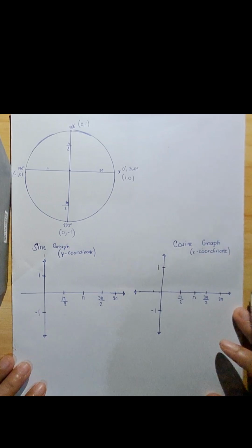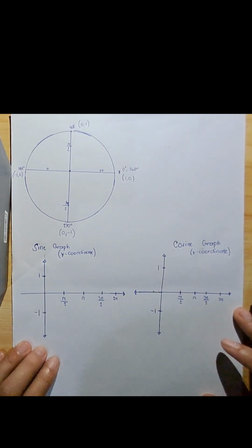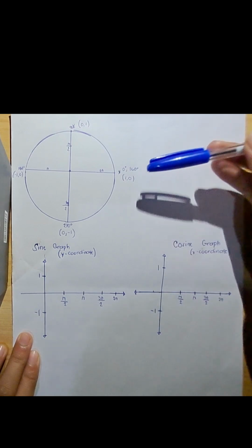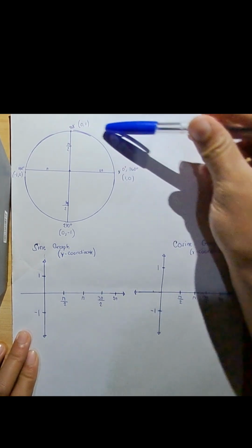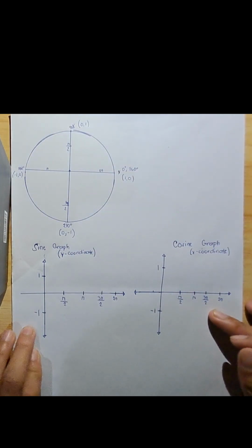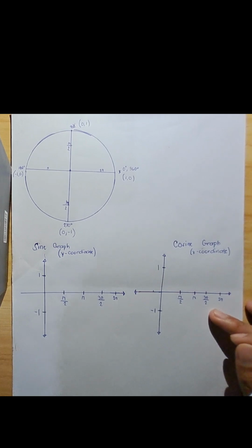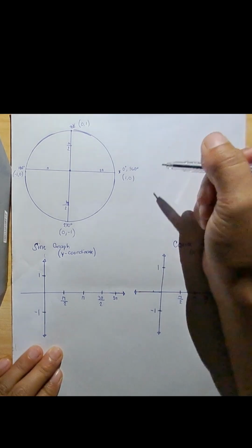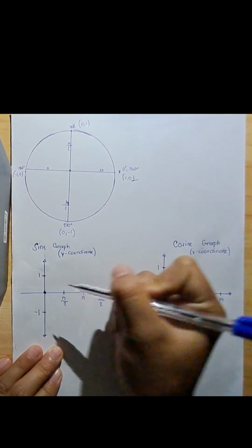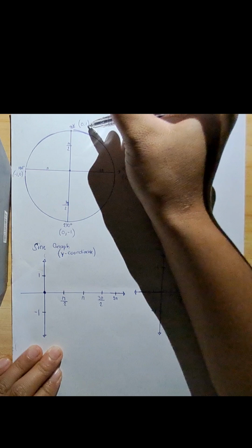So we have here the graphing. When we graph the sine, we look for the equivalent of every coordinate. The sine is based on the y coordinate. So we have here a 0, and then the y-axis here is 1.